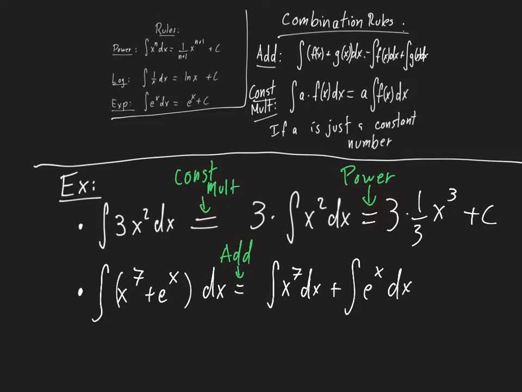Now we can do each of these integrals separately. For x to the 7th, our power rule tells us that we increase the power by 1 to get 8, and in front we divide by the new power, which is 8. Plus e to the x, which we know does not change, and then plus c. So this here was power, and this here was exponential.